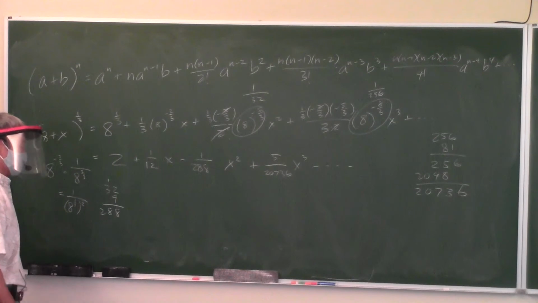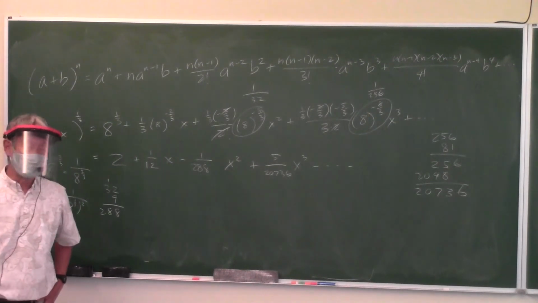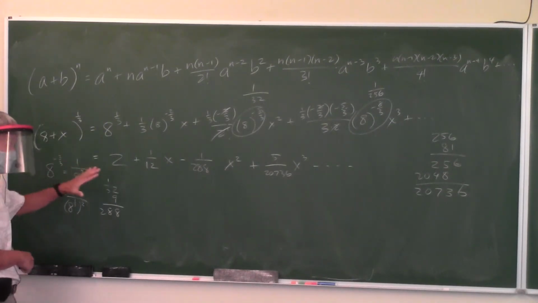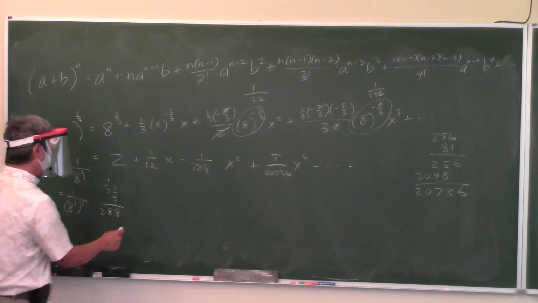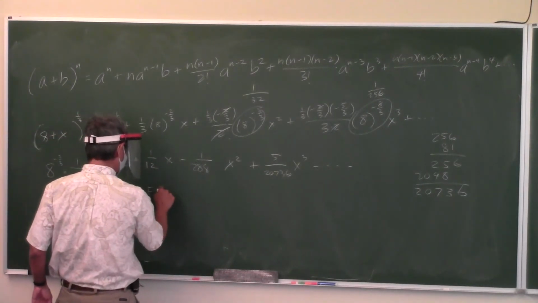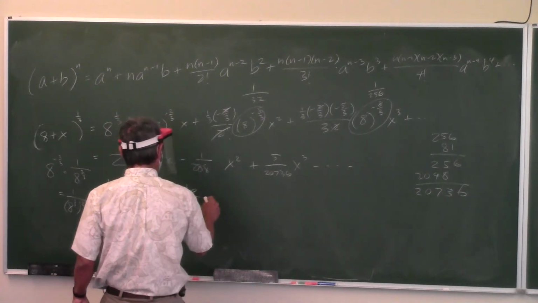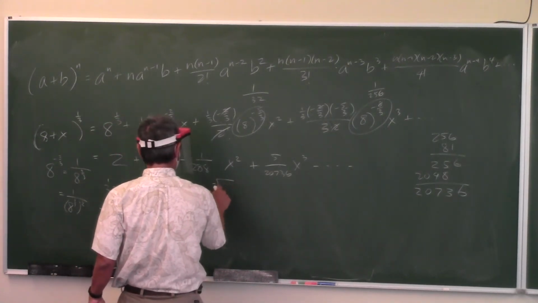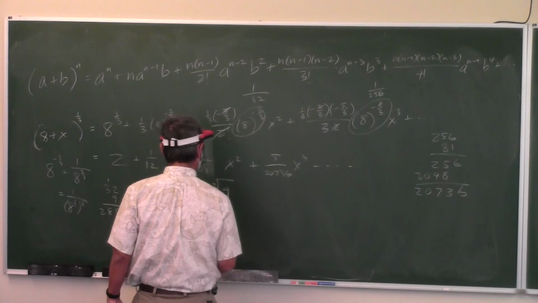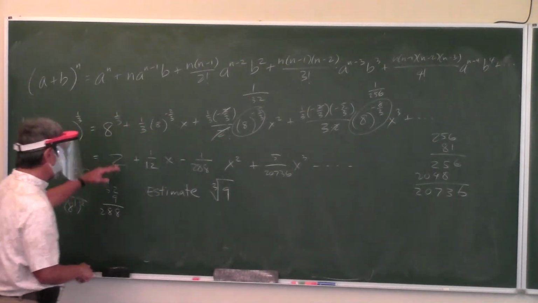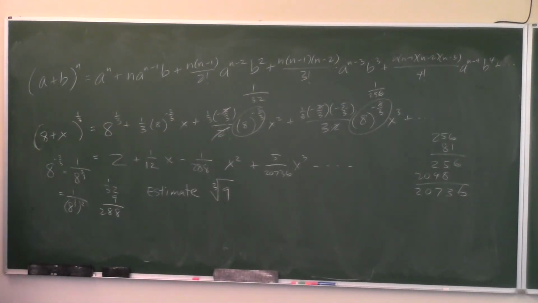Okay, now, like on tonight's homework, now I'm going to say, using your result, estimate, okay, this is the last thing. Estimate the cube root of 9. Using this result, estimate what the cube root of 9 is.